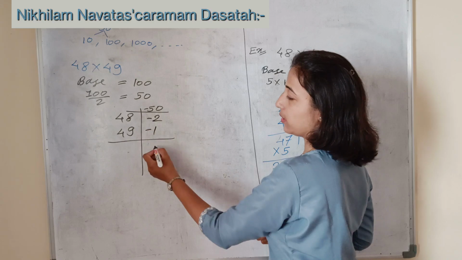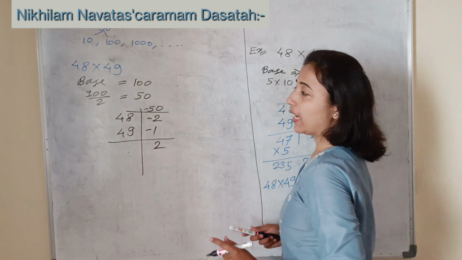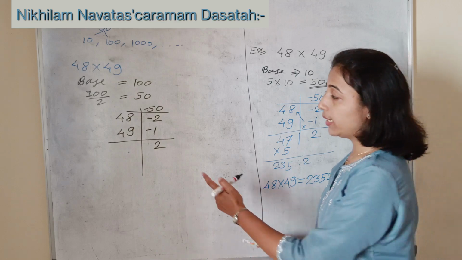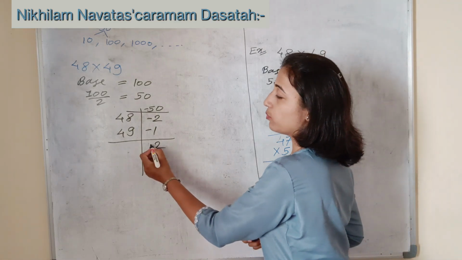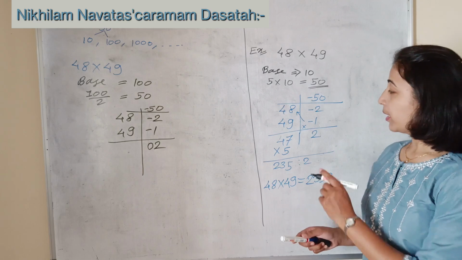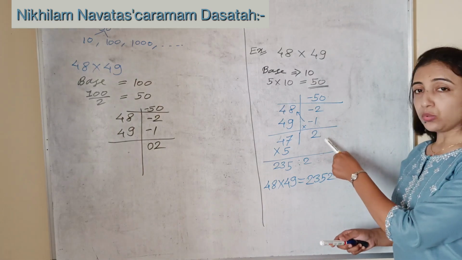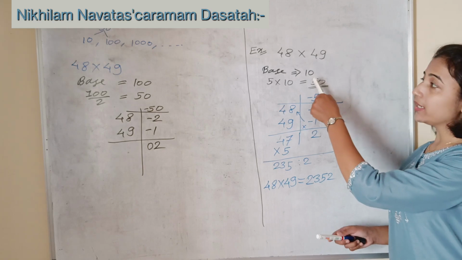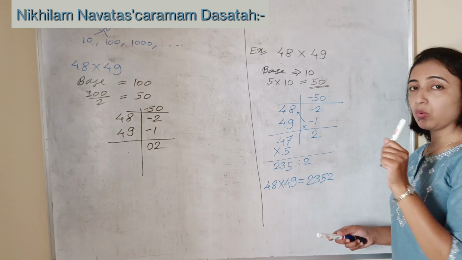Take the product of these numbers, so here it is 2. As we are taking base 100, and 100 contains two 0s, here also we need two digits, and for that we have to put a 0 in front of the number. Here we are taking the product 2. That is okay, because with base 10, which contains only one 0, we need only one digit.